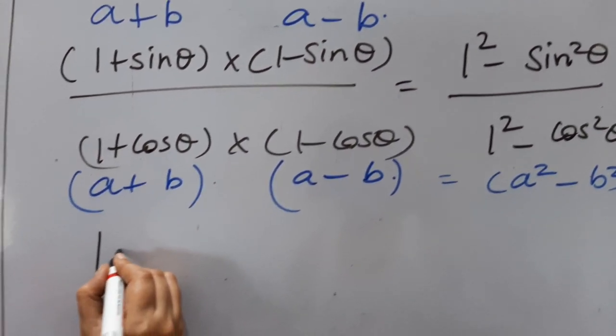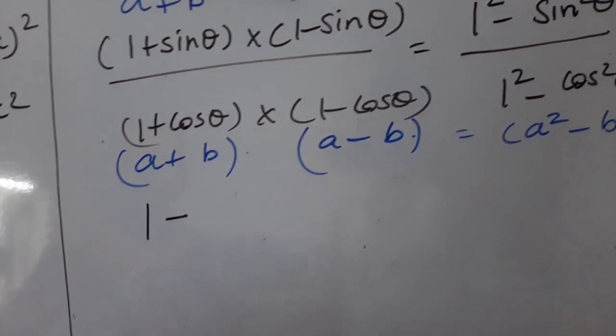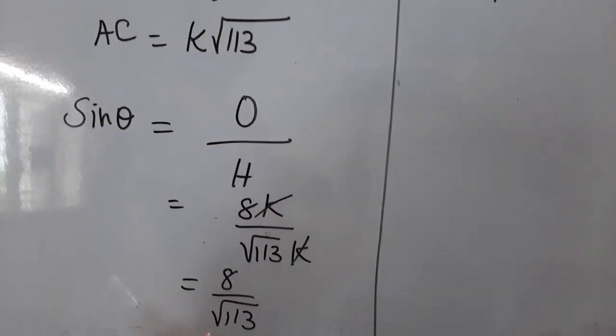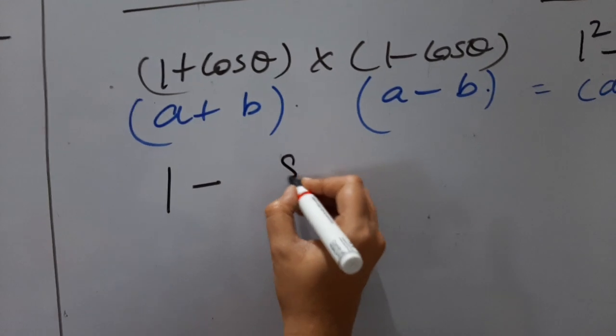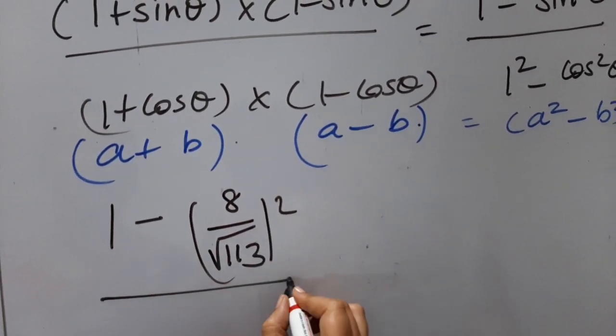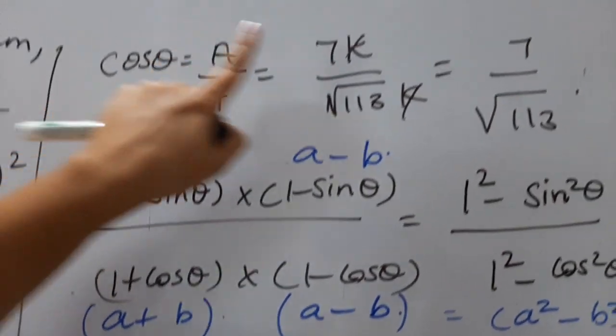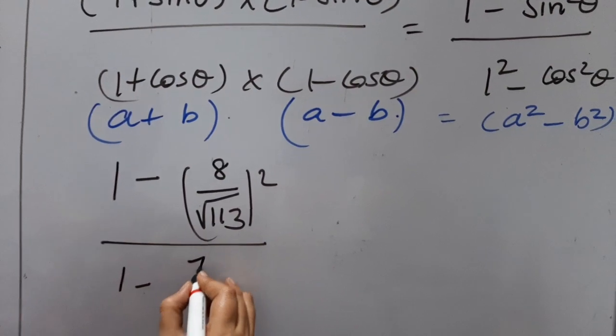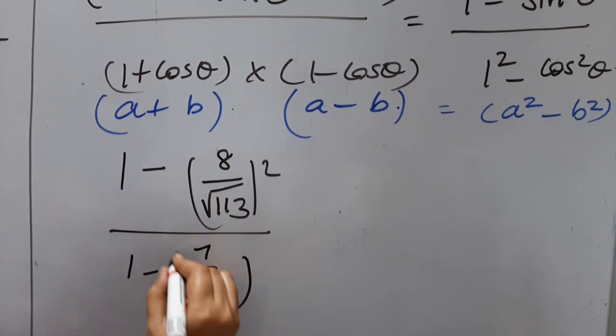Now let us substitute the values of sine theta and cos theta. Sine theta is 8 by root 113. Substitute here 8 by root 113, the whole square. Cos theta is 7 by root 113. Substitute that: 1 minus 7 by root 113, the whole square.